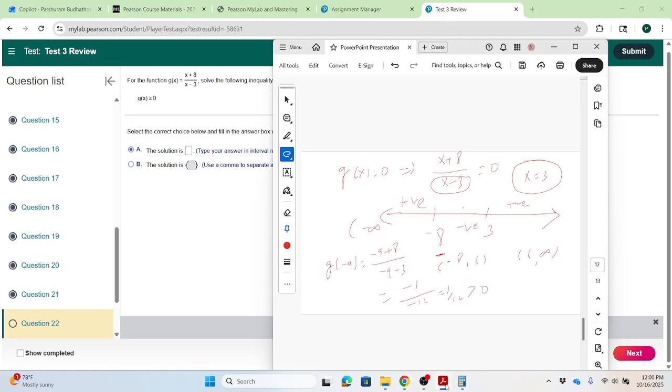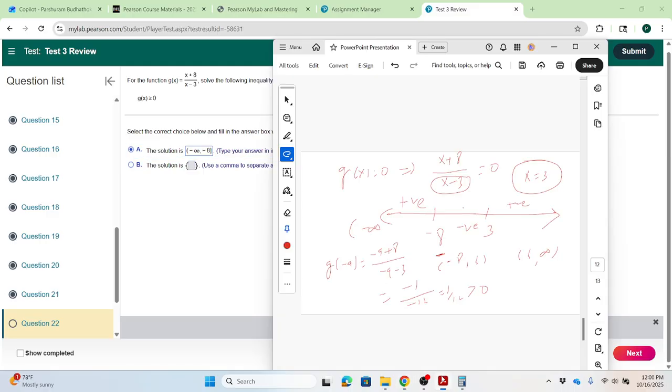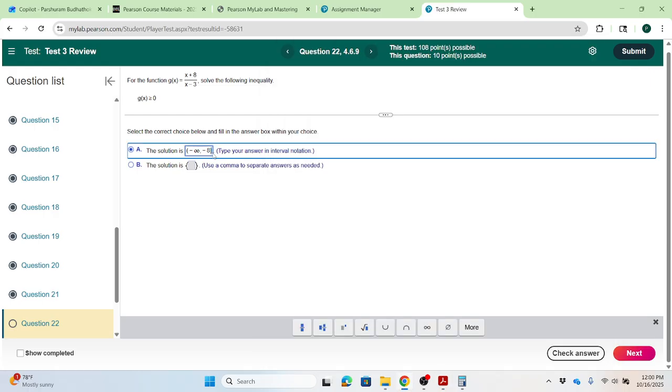So here it's positive from negative infinity to negative 8, including negative 8. So that's why it's a bracket. And then what else? From positive 3 to positive infinity, not including positive 3. Union, 3 to positive infinity.